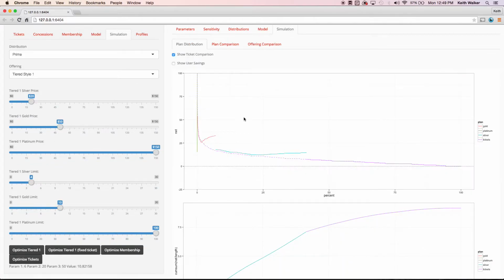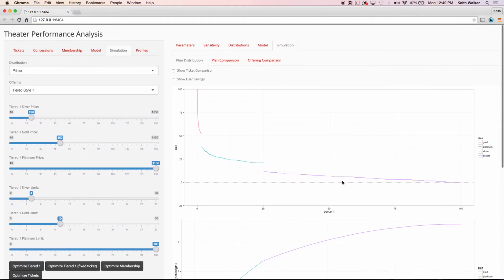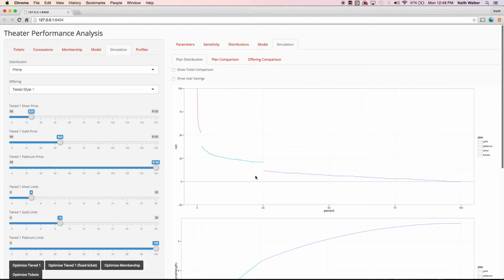We can see what happens over here. Turn off tickets here. Okay, no one joins the platinum plan, so we can play with that number now. Okay, so we can see this is 75% of the people exactly, pretty much, are still on tickets. Pretty big chunk joined silver, some joined gold, no one joined platinum.